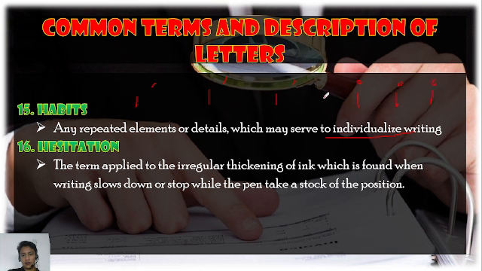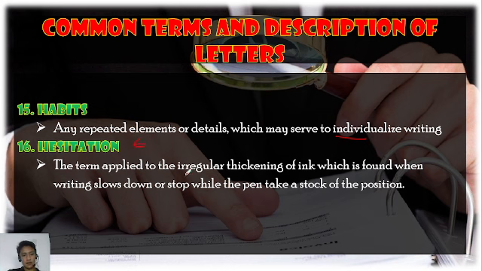Or his dot is quite big. So that is what we refer to as habits in handwriting. We can observe this because it is something we can use to identify the handwriter.